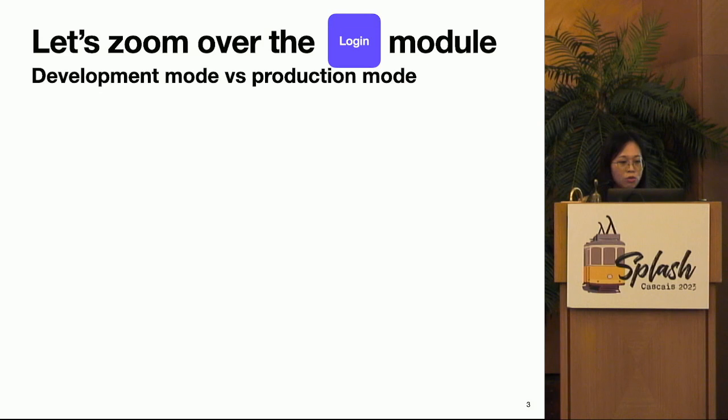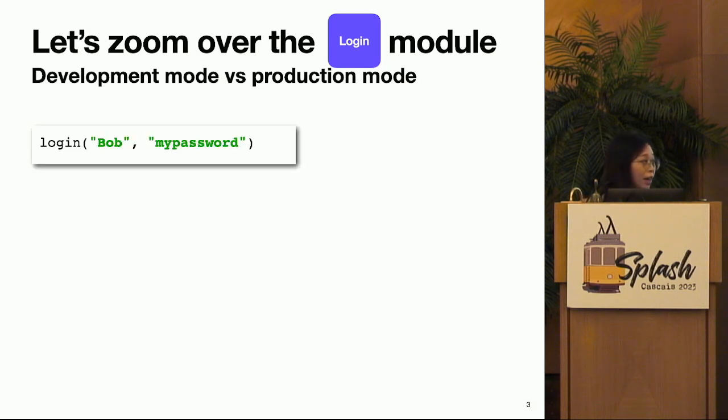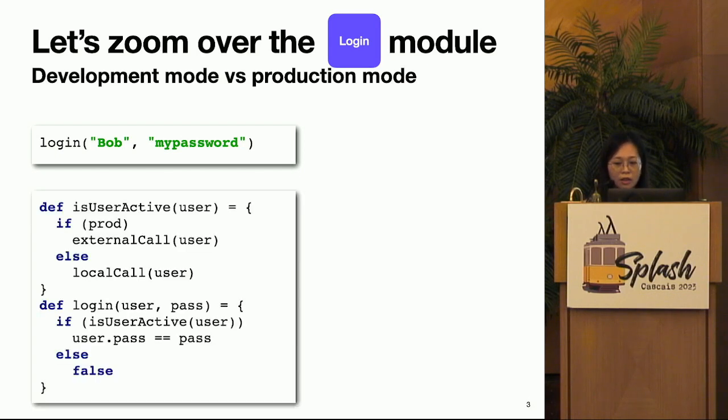We can zoom over the login module, and then you have two different modes, like development mode and production mode. If you try to log in like Bob with some password, then the code related to that part is this one. Before returning the login is correct or not, you first ask if the user is active or not.